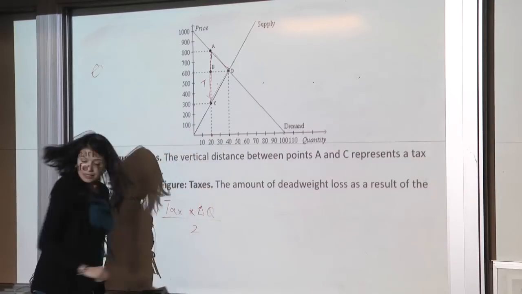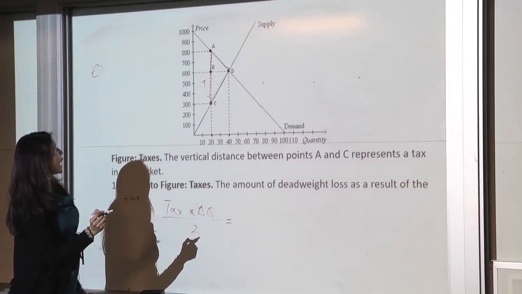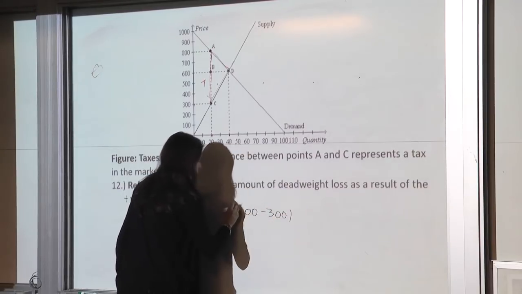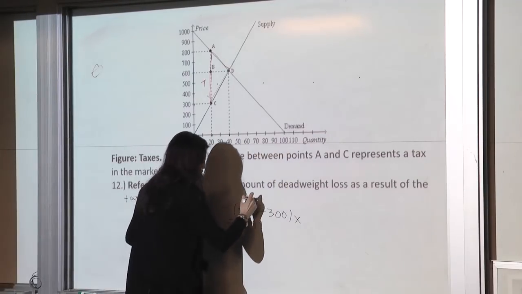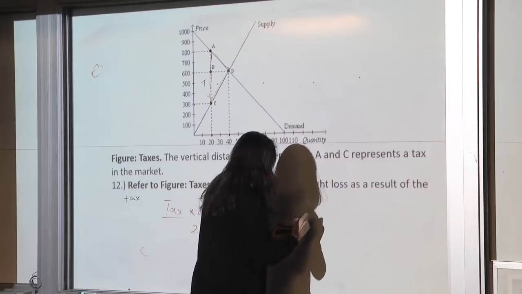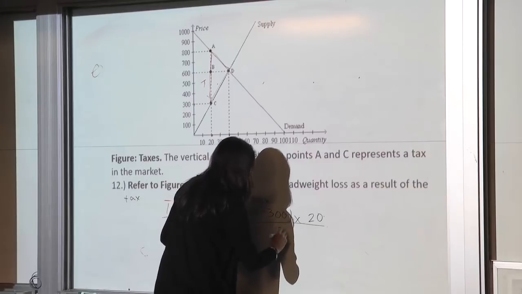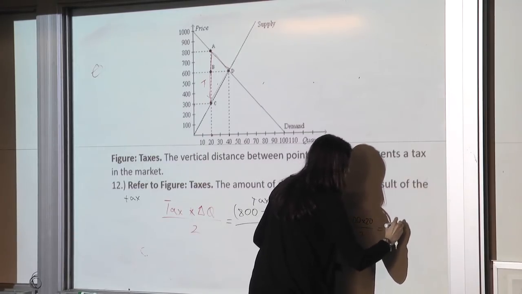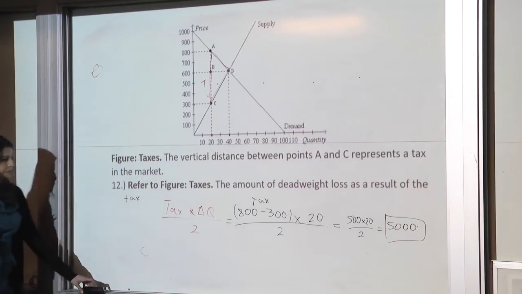So in this case, it is the difference between 800 and 300, times the change in quantities. This is the tax. The change in quantities is 20, divided by 2. This will be equal to 500 times 20 divided by 2, and that will be equal to 5,000. Okay? So that's the answer to this question.